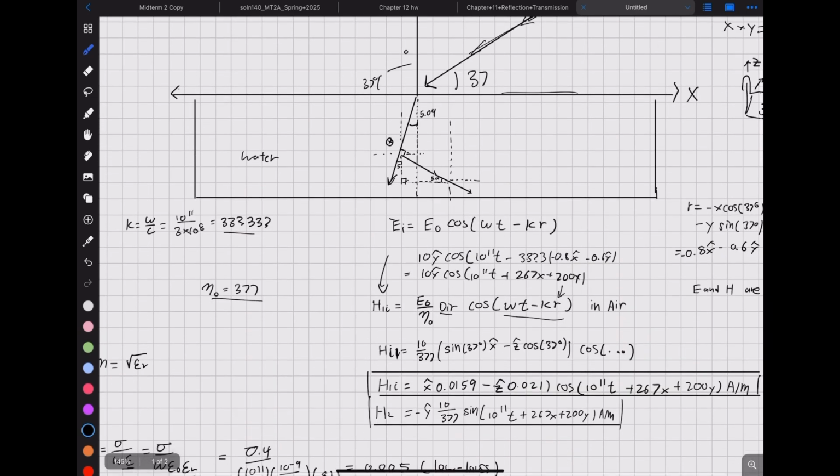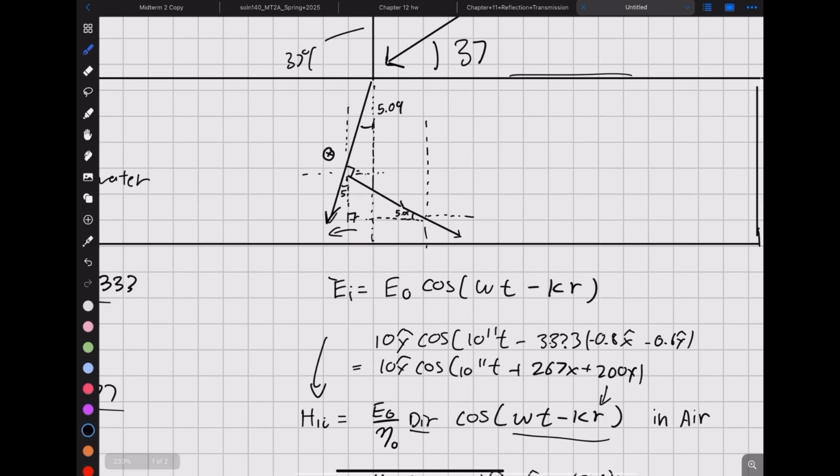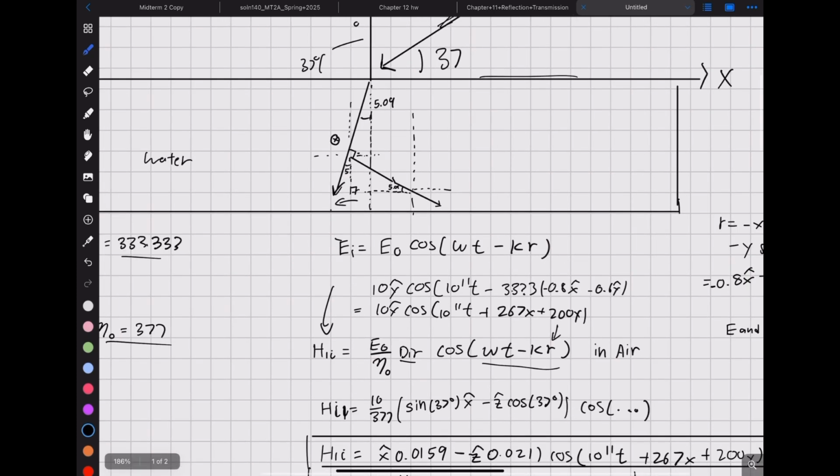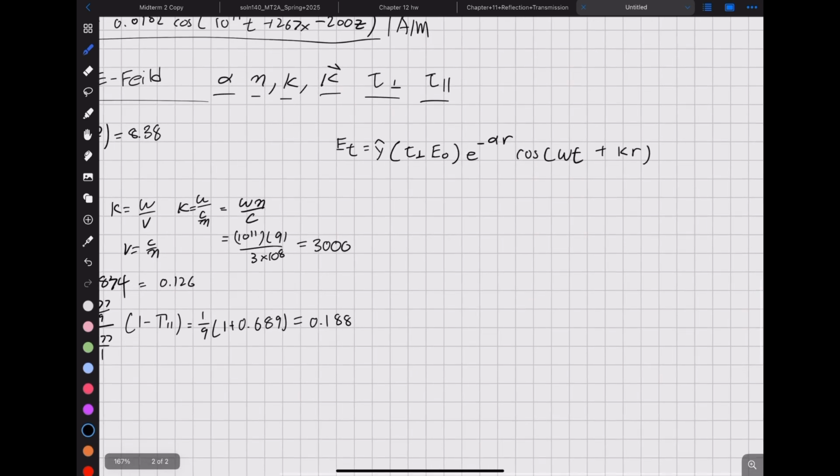So R value is just going to be this one right here. We have a negative cosine component, so this is negative x, and we have a negative z component. So let's do that.